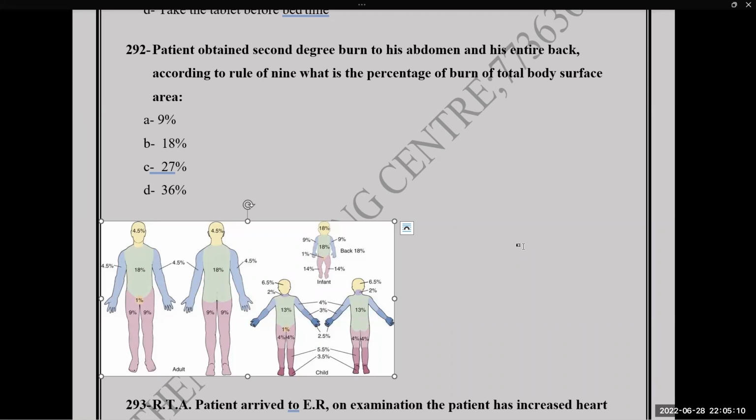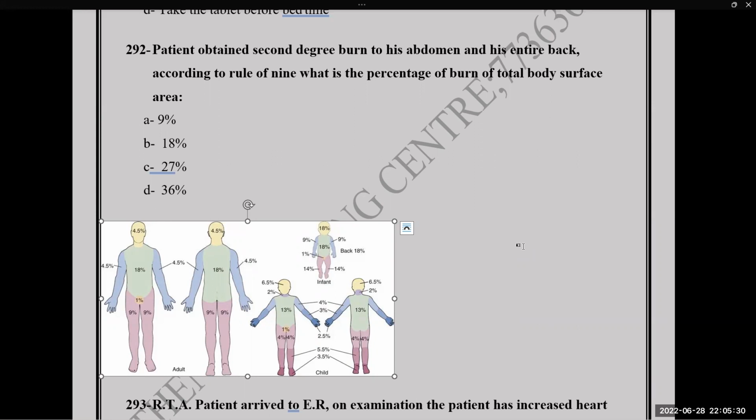Entire back is 18. Okay. And the abdomen is 18? The total front portion is 18, chest plus abdomen.